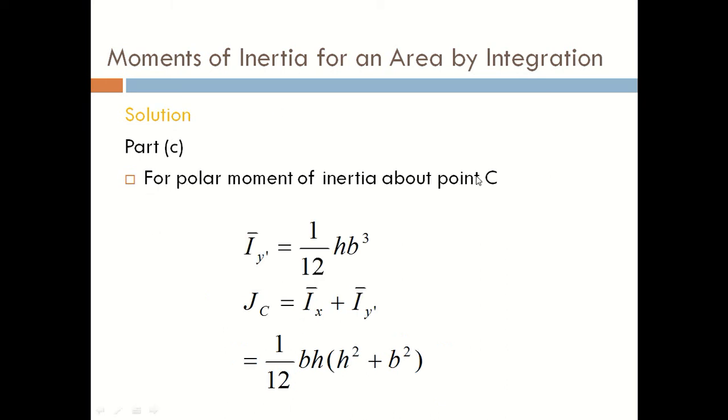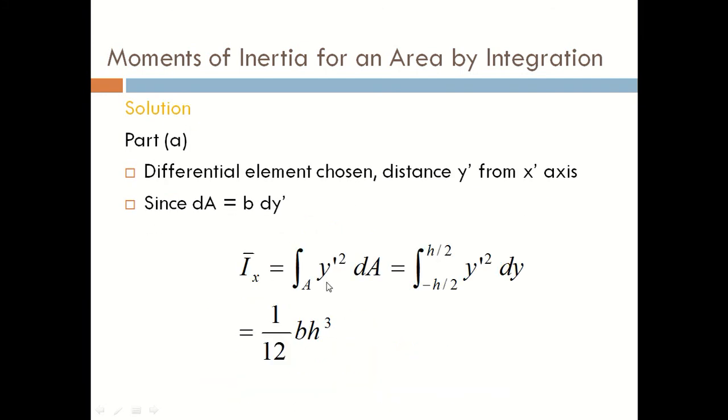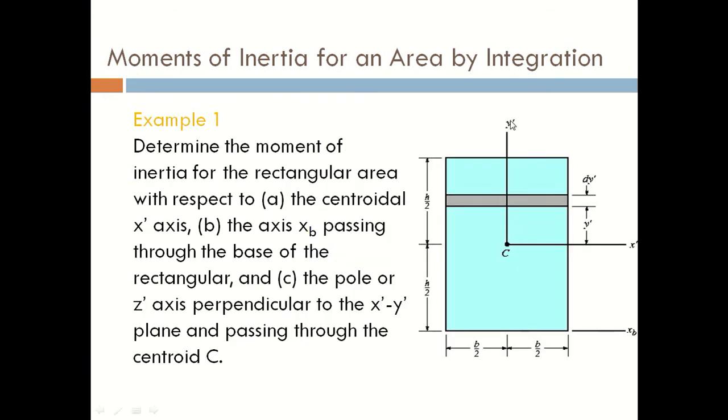Now third, the polar moment of inertia about the point C. Okay, so first I y dash. Similarly, if you solve for I y dash, that means about the y dash axis, we will consider the elemental area here and the distance from the y dash axis as x dash, and elemental thickness is dx dash.